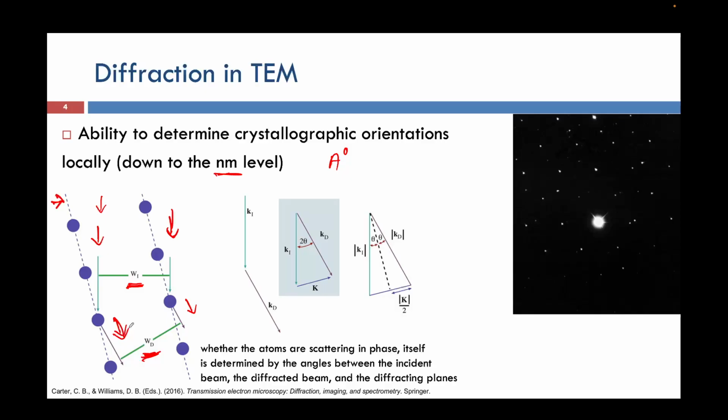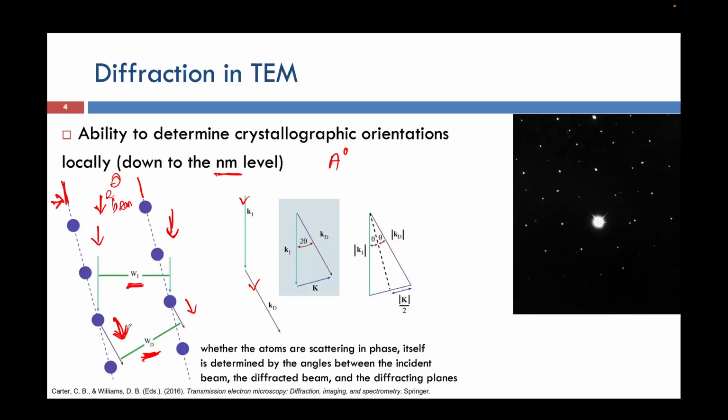Similarly, I have just shown the ray diagram here. This is the real scenario where the electron beam is coming. Let's say the atoms are situated in these two planes, and the incident electron beam is coming and getting diffracted, or more importantly in this case, getting scattered.